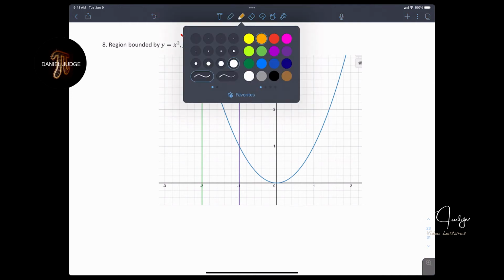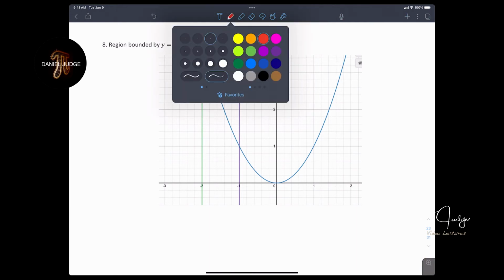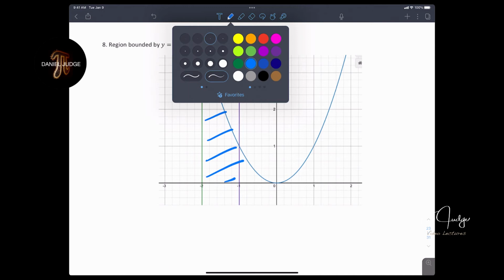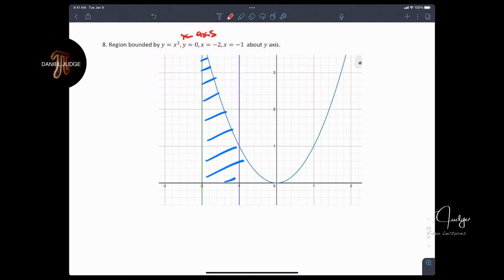So it looks like I didn't get this picture complete like I should. So here's kind of the bounded region here, just so you guys know. This is what they're referring to. But notice we're back to revolving about the y-axis in this question.